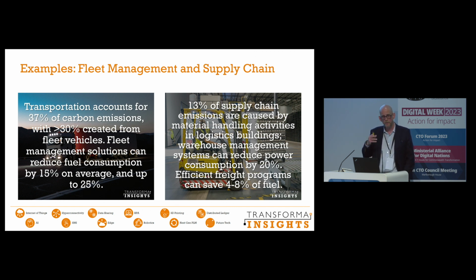As a result of the supply chain optimization programs that they ran, they were able to reduce their inventory by 20%, reduce their store sizes by 10%, so requiring less square footage of stores, and as a result, significant savings, both in terms of cost savings and in terms of environmental savings.